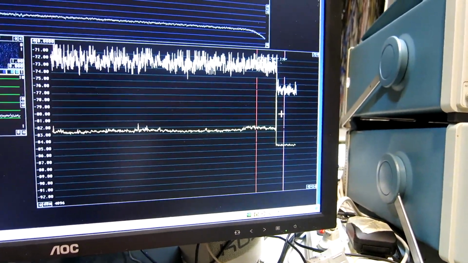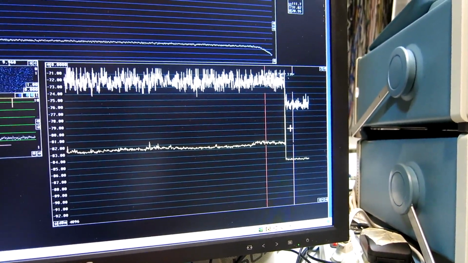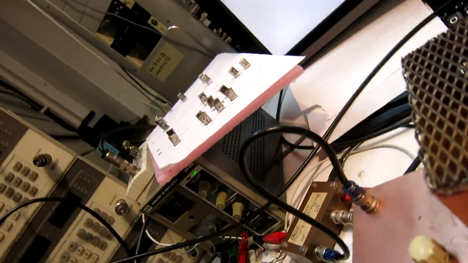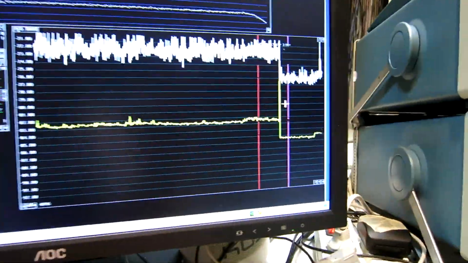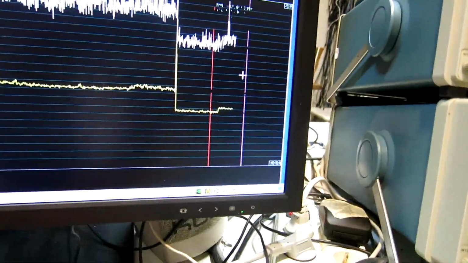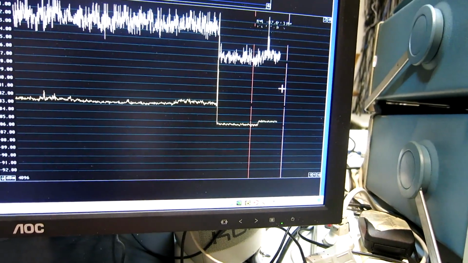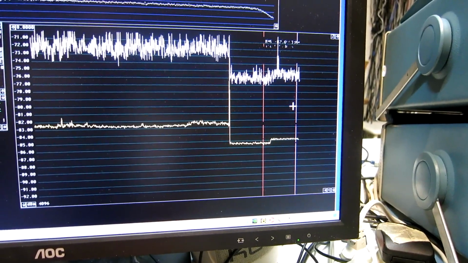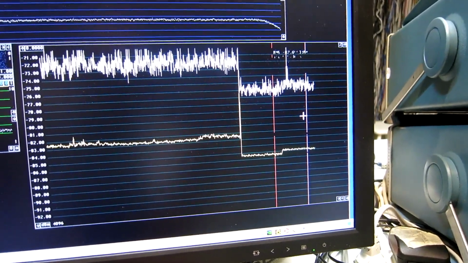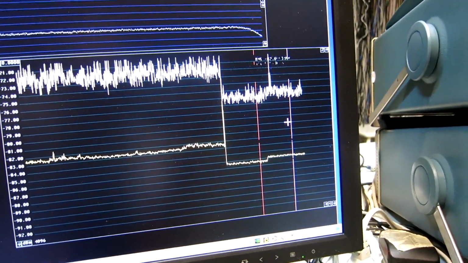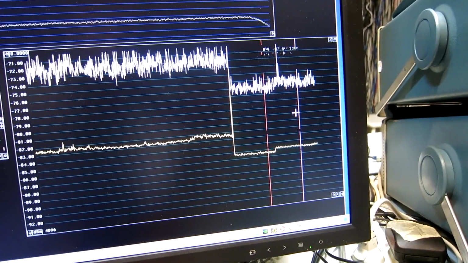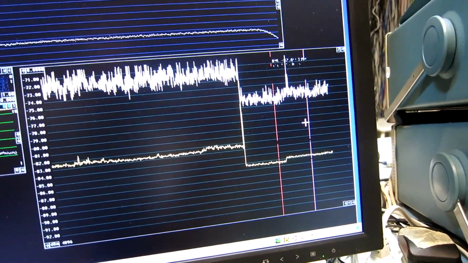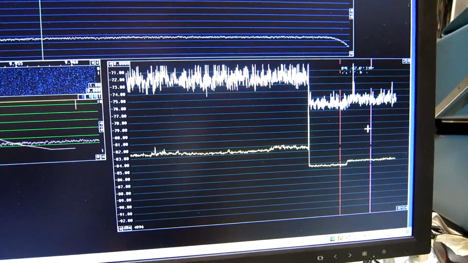And now I can remove the 12 dB attenuator like that, and you see the noise from the amplifier itself, its white noise is very low. It isn't visible here. So I have a sideband noise problem.